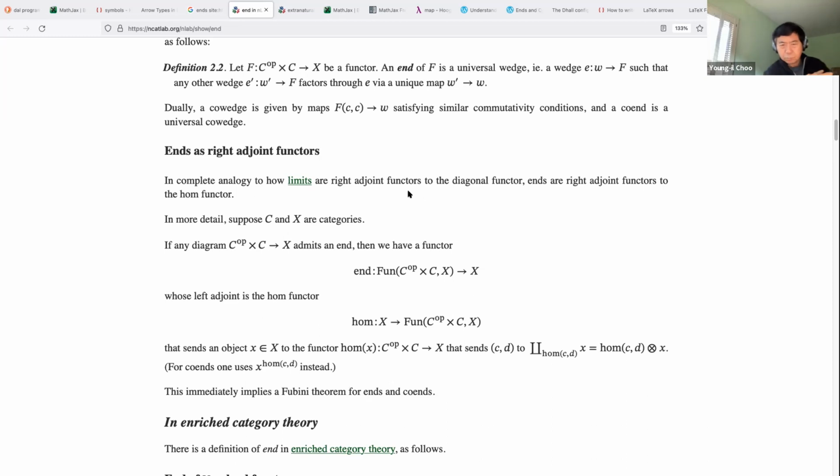But if you look at the diagonal, it just takes an object to two copies of that object, so it's just the ordered pair of two of those. So diagonal sort of geometrically makes sense in that example. Anyway, I would have to fill in more details, but that's, I believe, what the diagonal functor is. It's that trivial functor. And then you can look at a limit as adjoint to that because it's going in the other direction.